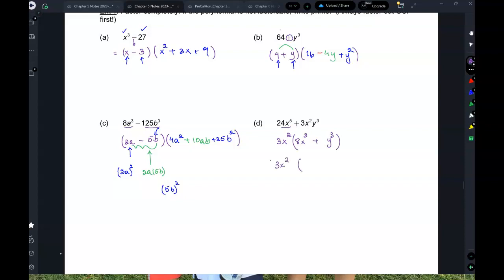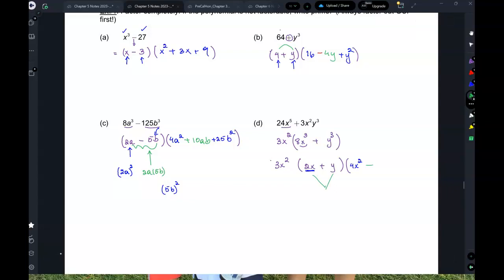And now I got to factor this. So what will be the cube root of the first term? 2x plus y. Okay, now square this guy. What do we get? 4x squared. The next term, is it going to be a positive or a negative? Negative, because I haven't used up a negative yet.